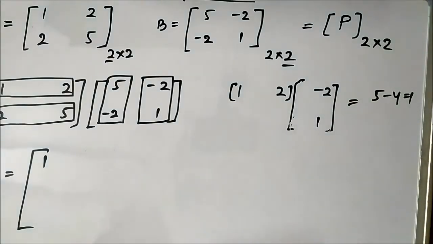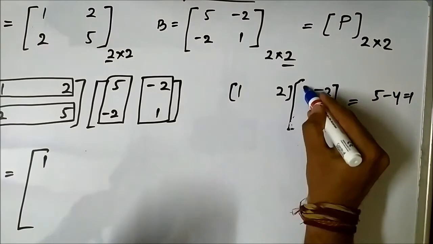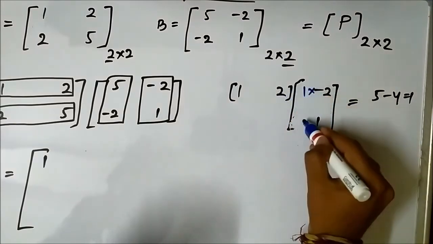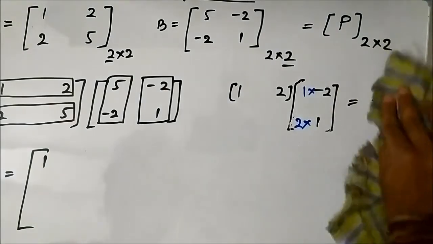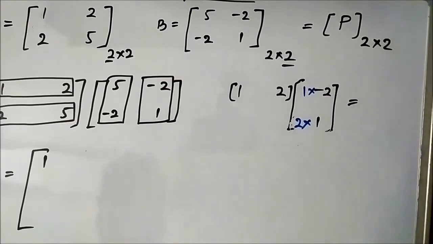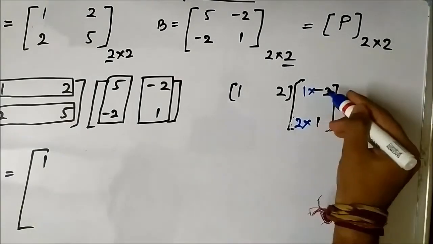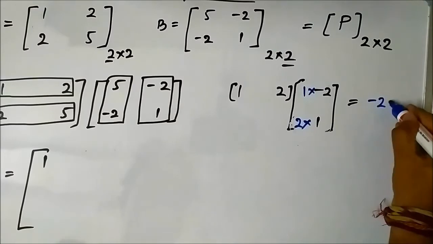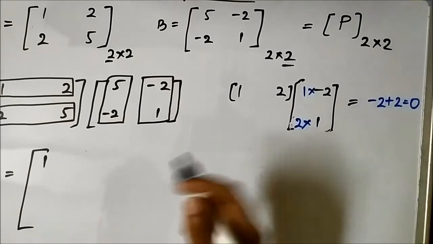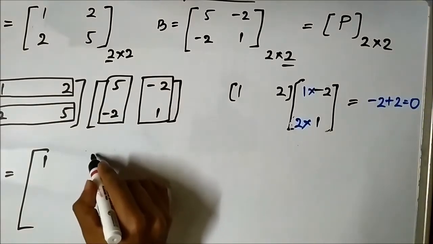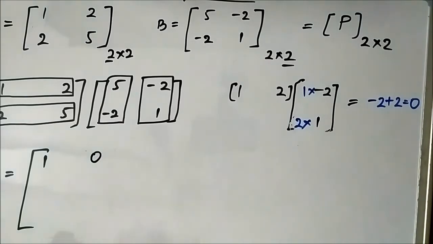Same thing: this 1 comes here, this 2 comes here, cross 1, and we get the result minus 2 plus 2, which is equal to 0. So the result is 0, the second element of the first row.